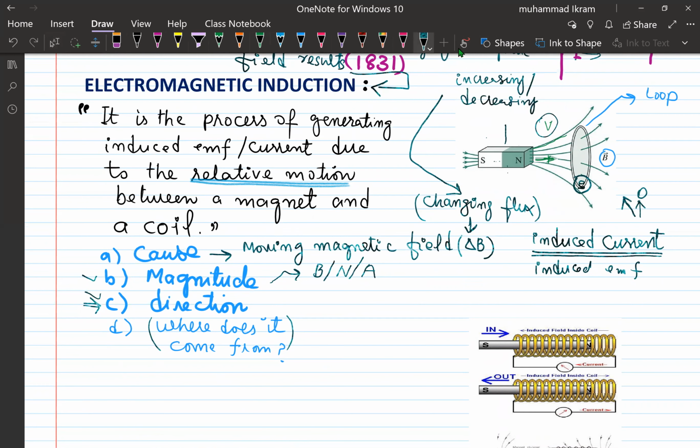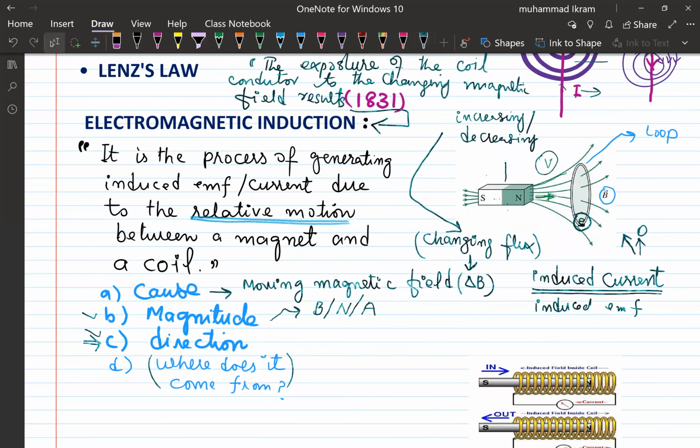Second important point, how we can get this changing magnetic flux. When I explain to you the Faraday law, at that point I will explain the ways or methods to get this changing magnetic flux.